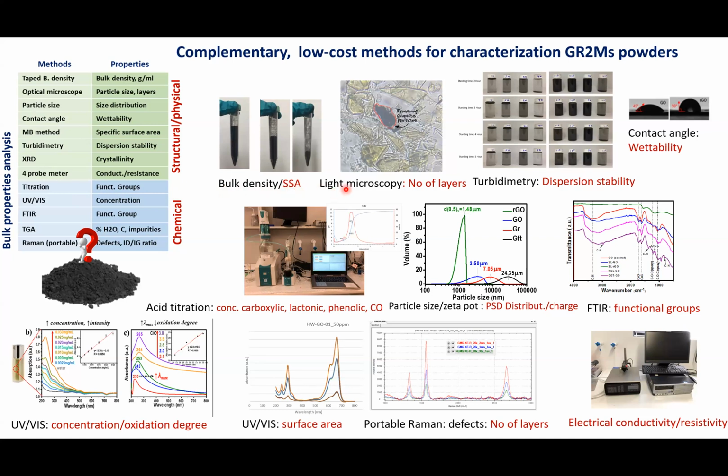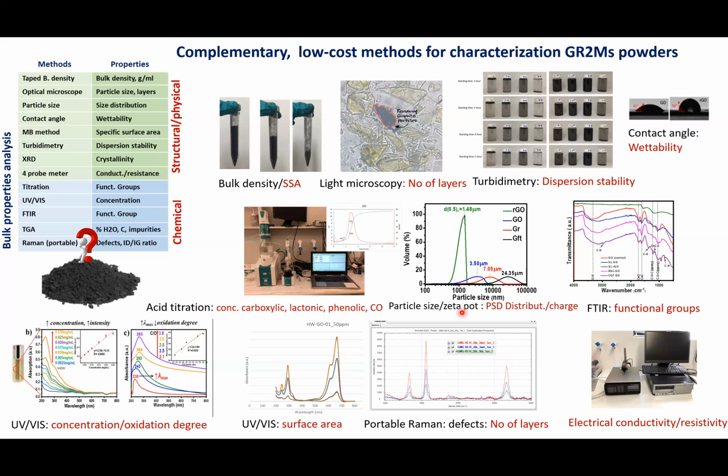Light microscopy can indicate the number of layers of your graphene material. Dispersion stability is very important for many applications, such as making inks and paints. Contact angle can tell you if your material is hydrophobic or hydrophilic. Acid titration, a very simple method, can provide the quantitative concentration of functional groups of your graphene powders.